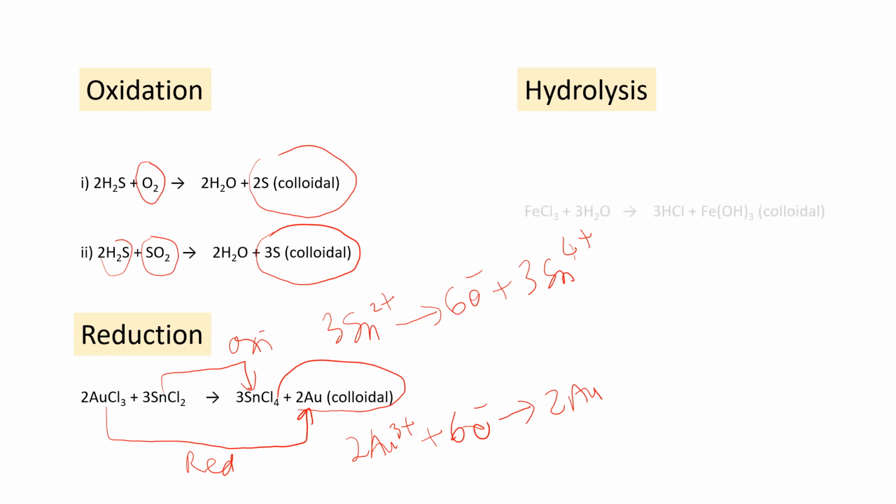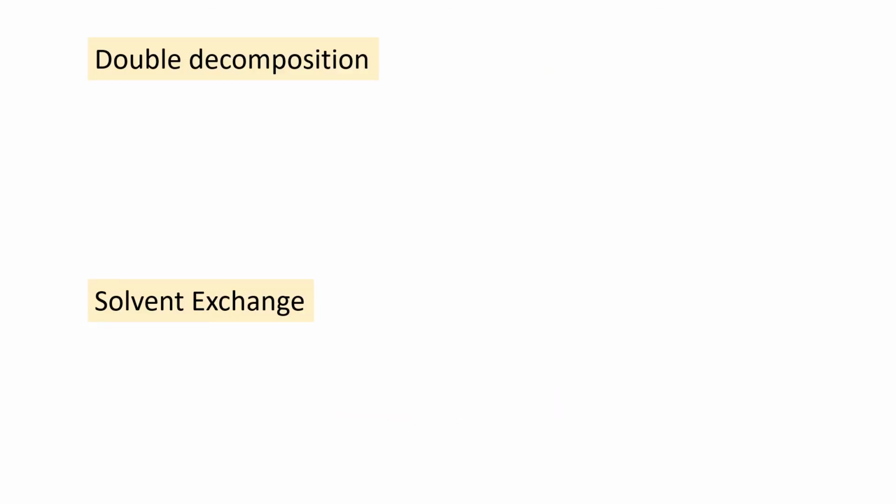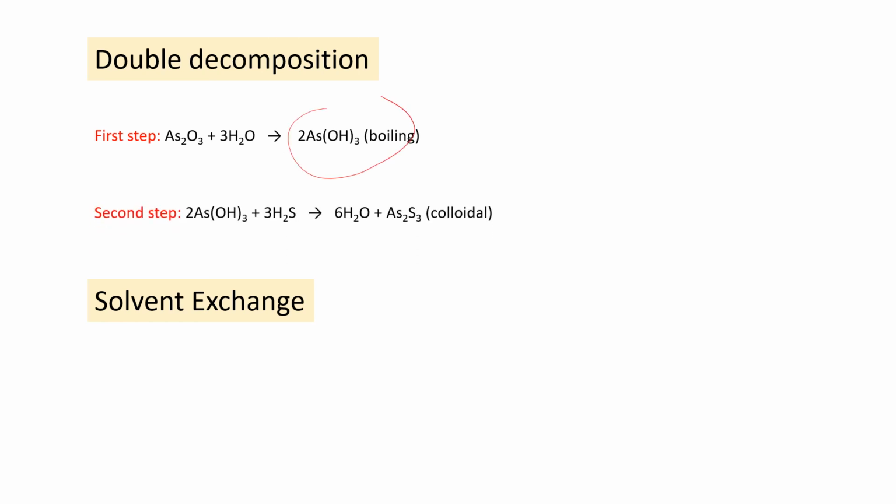For the hydrolysis process, we can boil iron chloride in water to produce iron hydroxide in colloidal form. For double decomposition, the first step is hydrolysis of arsenic oxide to produce arsenious acid. Then we boil this mixture and add hydrogen sulfide to produce water and As2S3 in colloidal form.